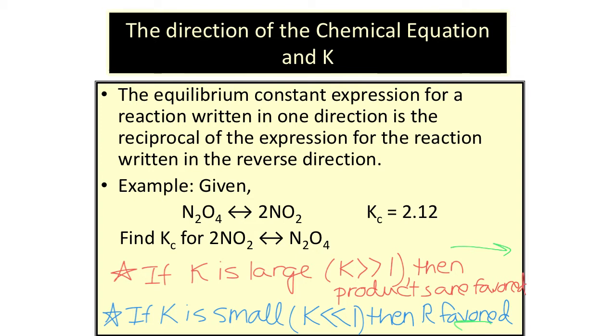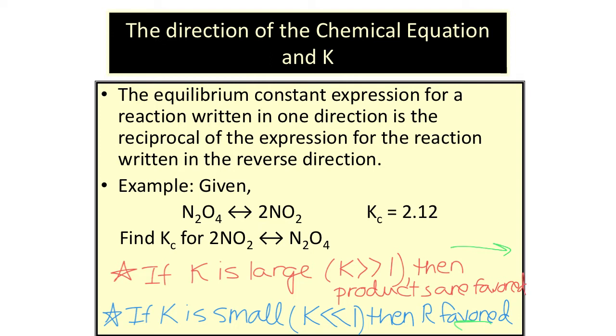We know that one direction, forward or reverse, will always be favored and will be thermodynamically favorable, and the other one will not be. So if K is large in one direction, say for the forward reaction, then for the reverse reaction, it would be very small.